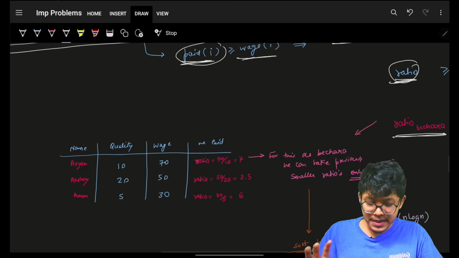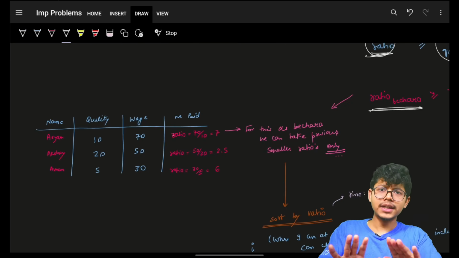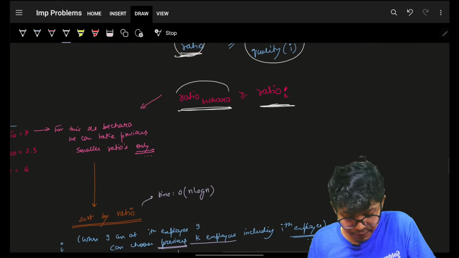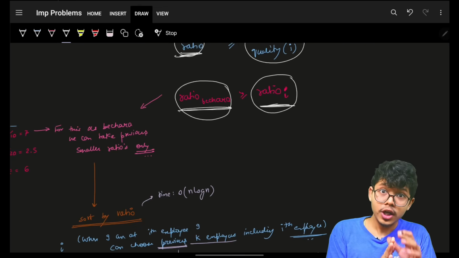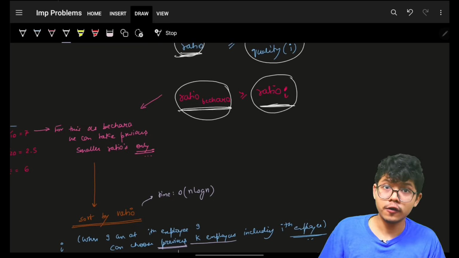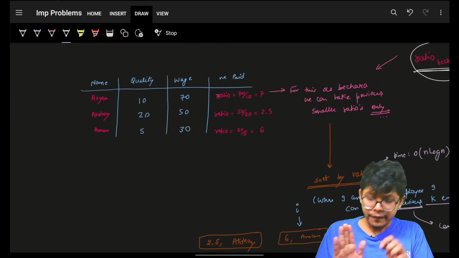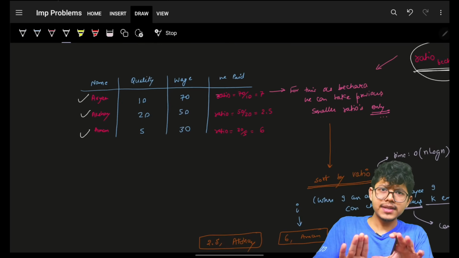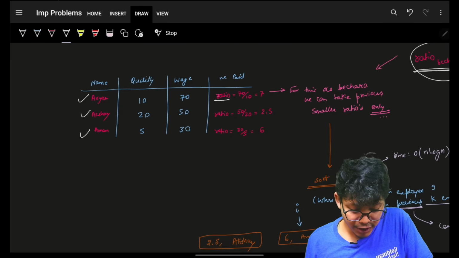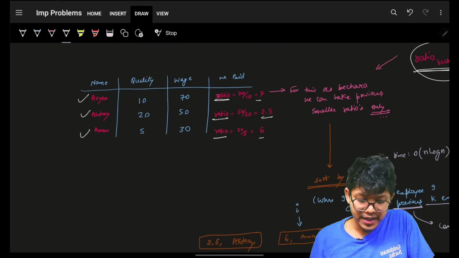Which means earlier, if you remember, I was going on to all the people, but now that will not be required, because if someone is a bechara, then I know that I should only go on to the folks whose ratio is less than that of me, the bechara. So what I will do is find out the ratio values of all the people, considering them as bechara. Okay, ratio for Aryan is 7, ratio of Akshay is 2.5, ratio of Aman is 6.